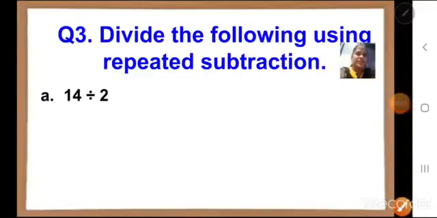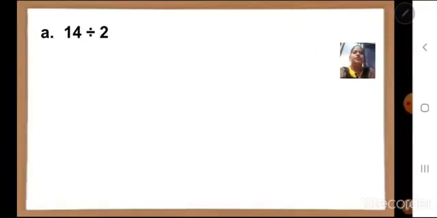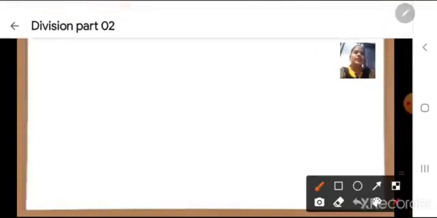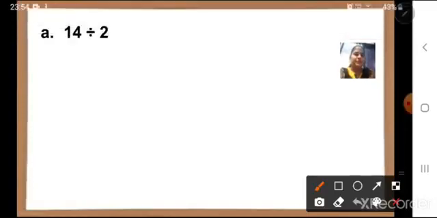Next question is question number 3. Divide the following using repeated subtraction. A1 is 14 divided by 2. First we will write the question 14 divided by 2. Let us do the sum. It is repeated subtraction, so we have to subtract 2 repeatedly.